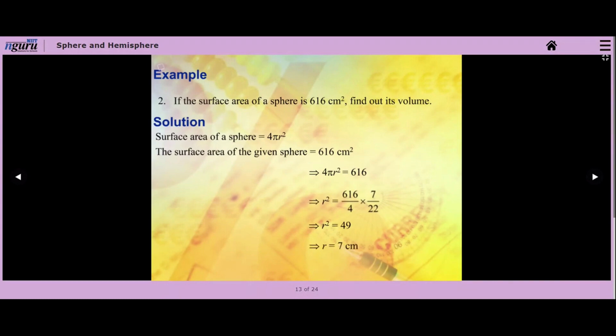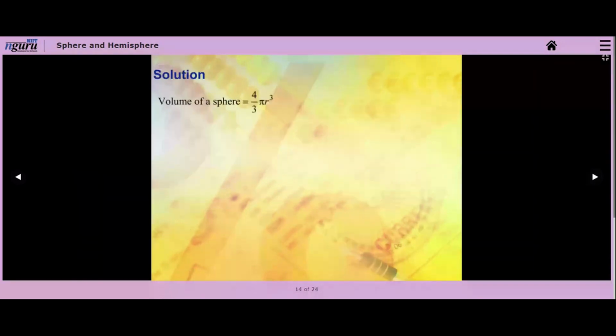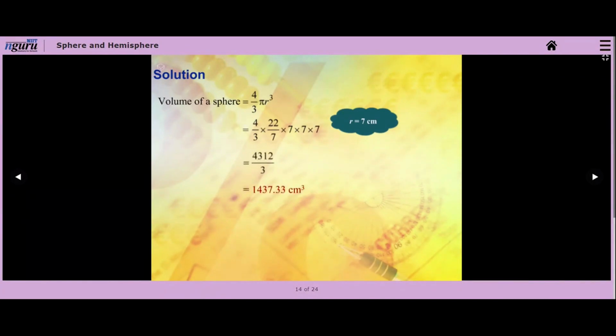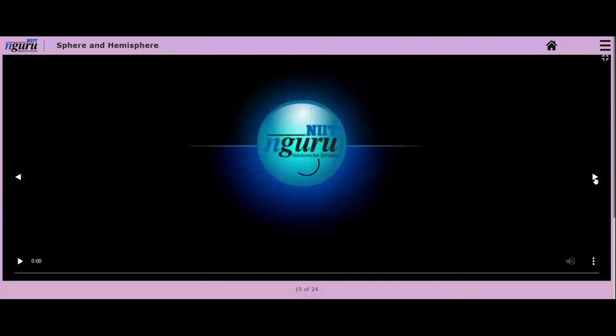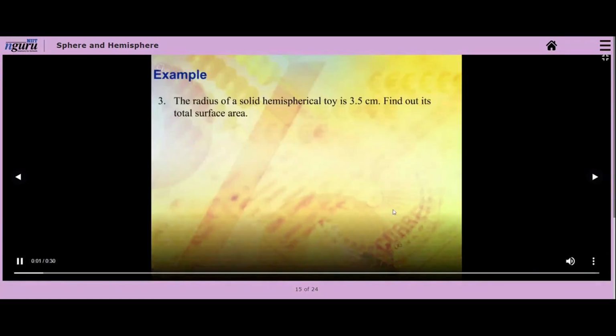Taking the square root of both sides, we get r equal to 7 centimeters. Now, the volume of a sphere is equal to 4 upon 3 pi r cube. In the formula, put the value of r as 7. We get the volume of the sphere equal to 1437.33 cubic centimeters.